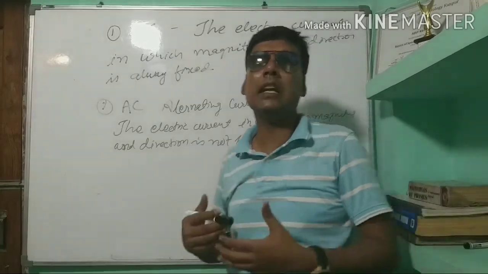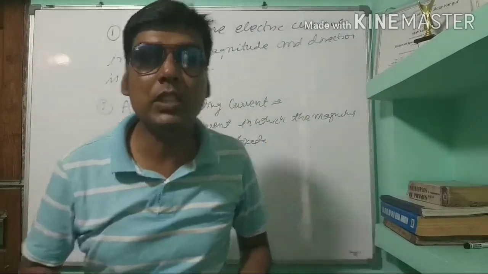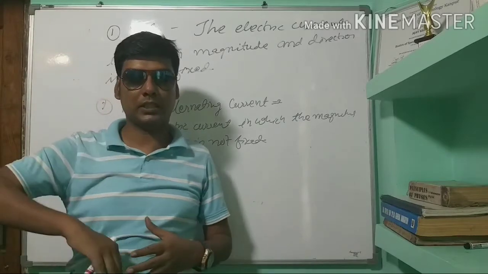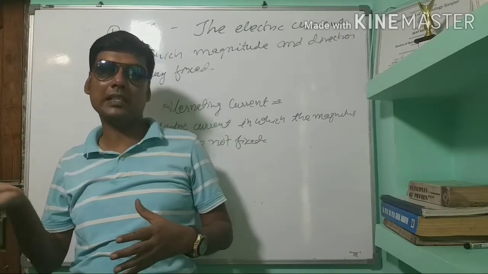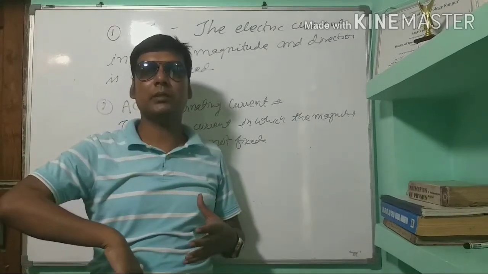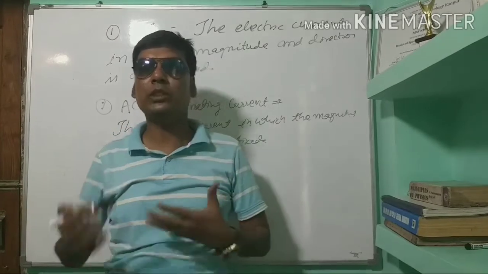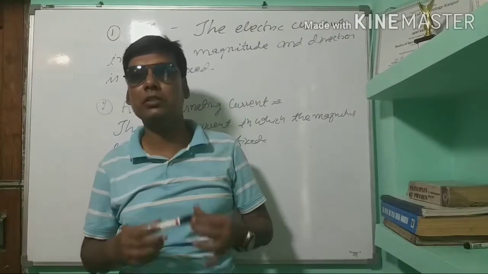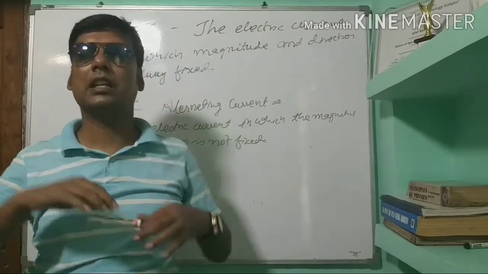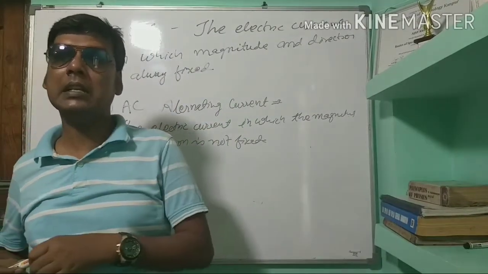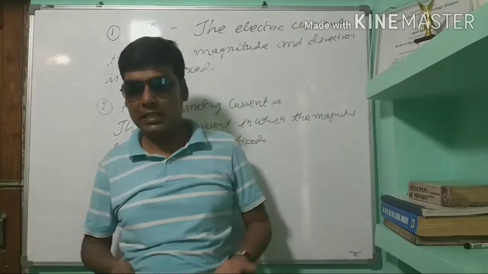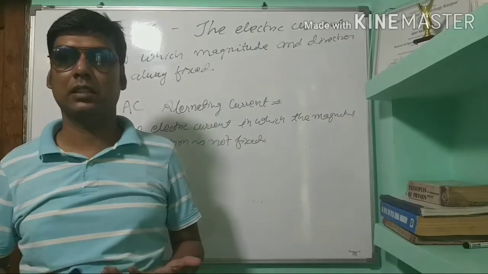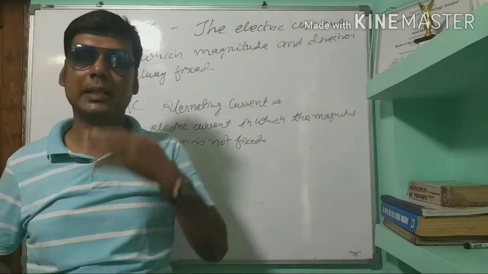AC means alternating current. The current in which the direction keeps on changing. Sometimes it's positive to negative terminal and sometimes negative to positive terminal. I mean to say that an electric current whose magnitude changes continuously and changes direction periodically, time to time, is called alternating current.